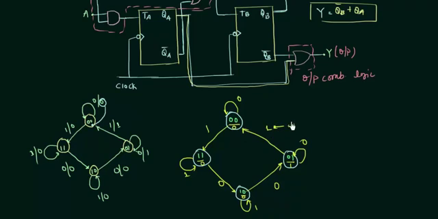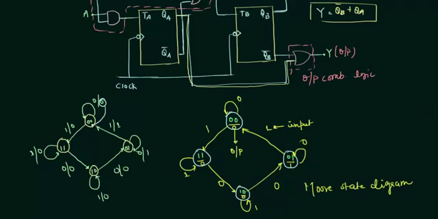This is my input, this 0 here is my output. So this is simply the Moore state diagram, and you have learned what changes you have to make to convert the original state diagram to a modified state diagram for a Moore circuit.